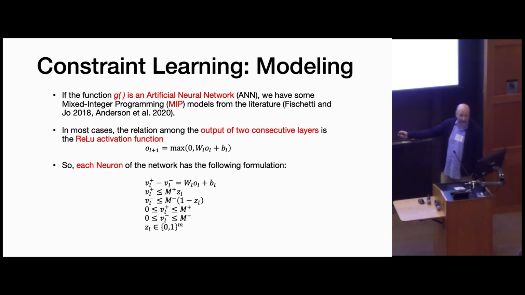Here is Z_L for neuron L, in which I'm saying, okay, if this is positive, I need to put Z_L equal to 1. If it is instead negative, then we simply have the situation in which Z_L equal to 0 will put this at 0 and will activate the other one.